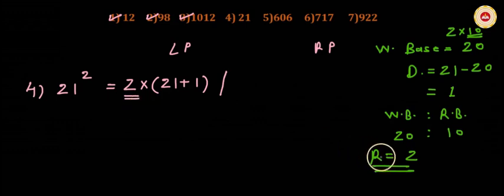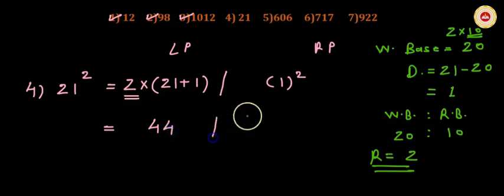What is the right part? The right part is the deviation squared. Deviation is 1, so square 1. Now let us calculate further. 21 plus 1, 22. 22 multiplied by 2, 44. Right part: 1 squared is 1.